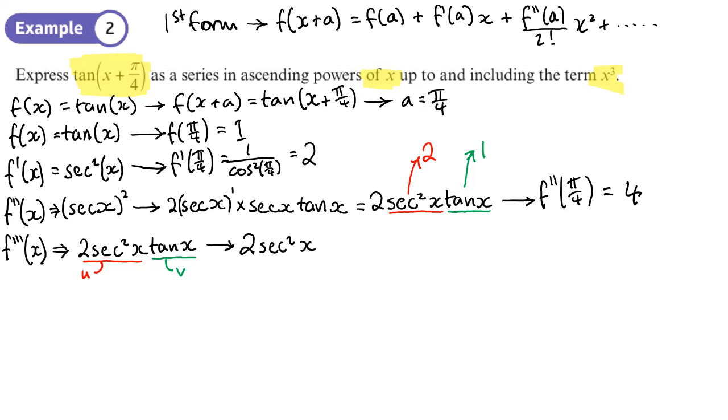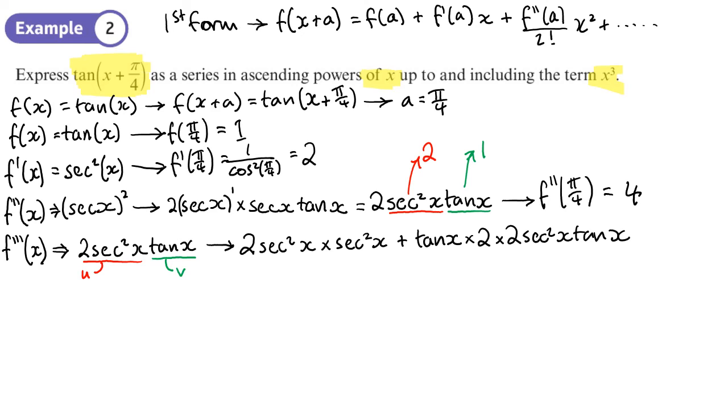Well, we've got that already, sec squared. So that's u v dash plus v, which is this tan x, times u differentiated. Now u differentiated, we did that in the previous part. Sec squared differentiated becomes what we got in the previous section. So it's going to be times 2 lots of what we had last time, which was 2 sec squared x tan x.